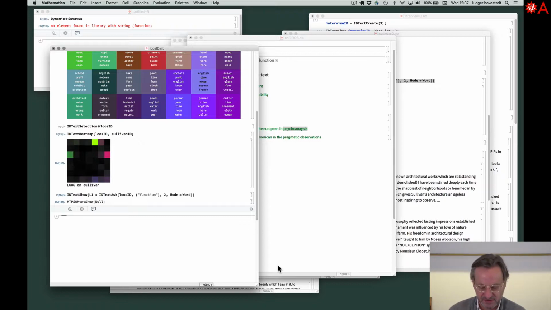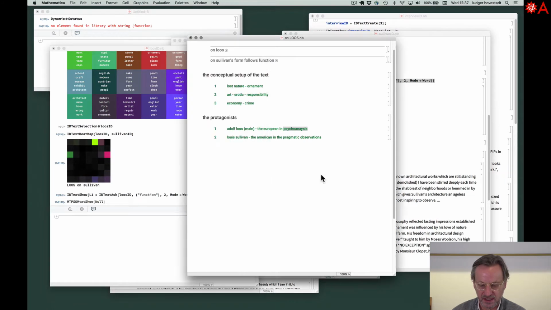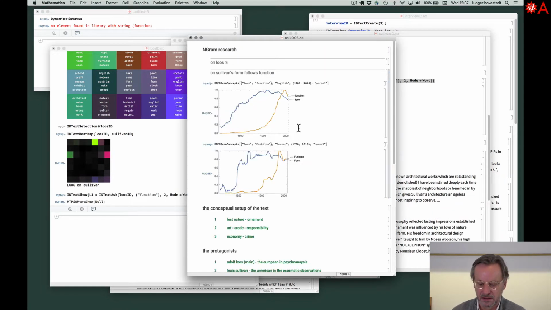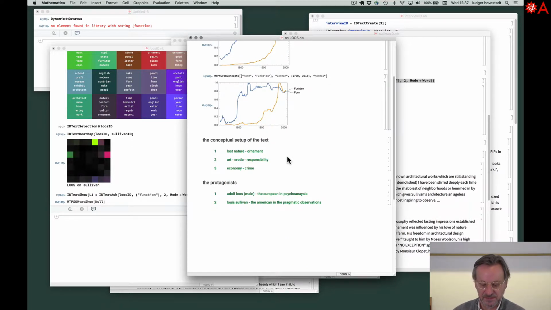If you go, for example, on the concept of form, we had it here. Form is constant, a kind of invariant across all the things Loos and Sullivan are interested in. So therefore, this might be a common ground.